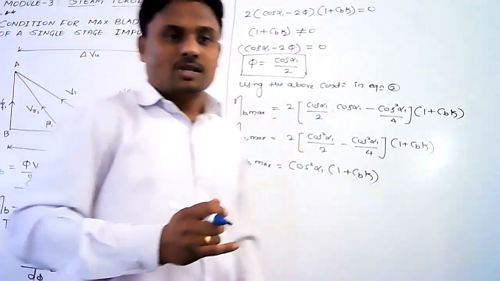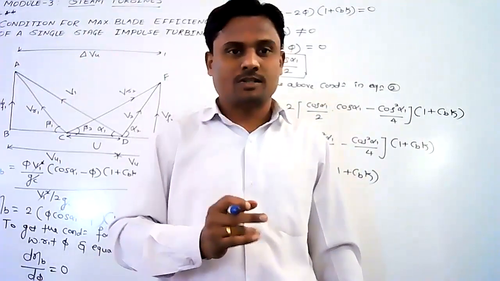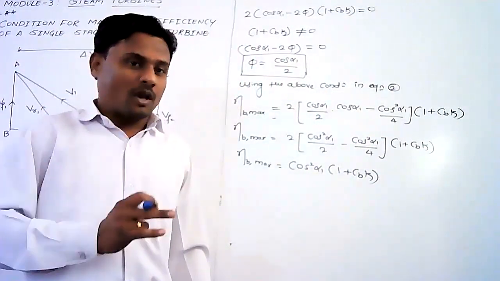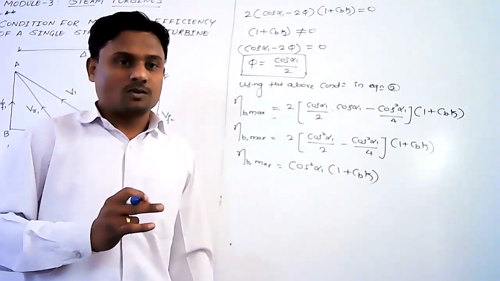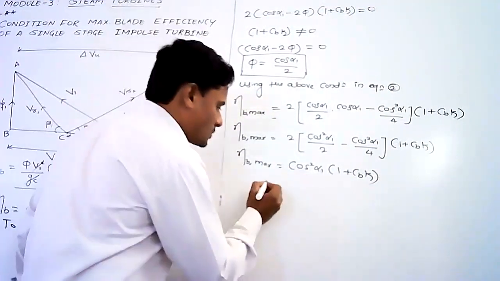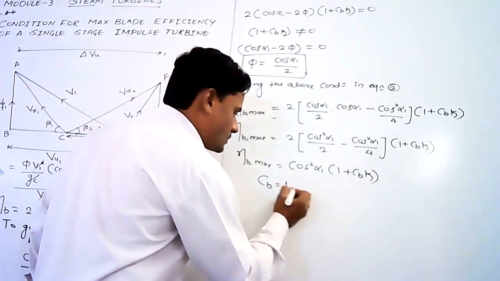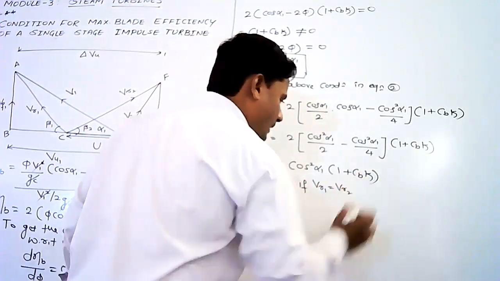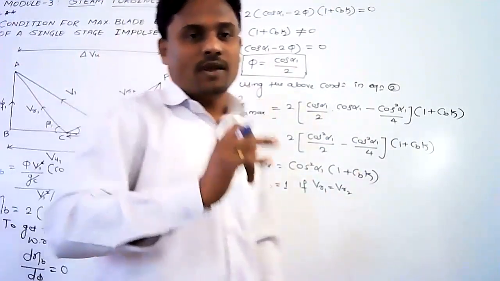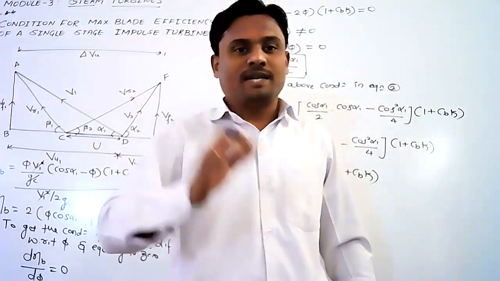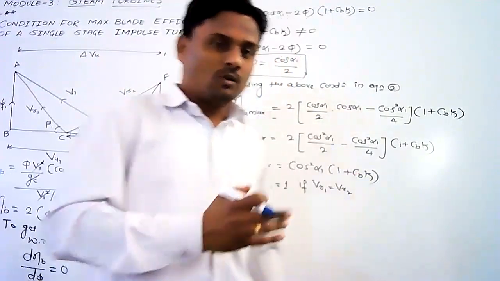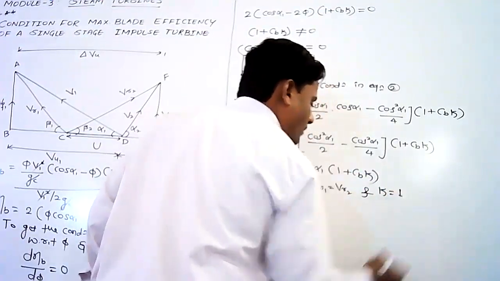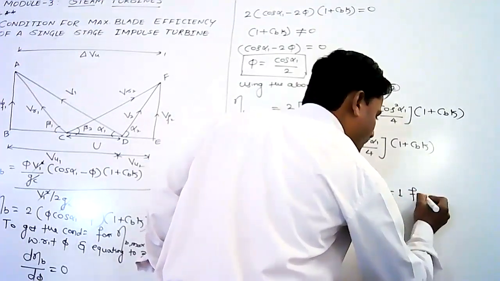Now here, if we consider the most ideal condition, that is no frictional losses, then VR1 will be equal to VR2. If VR1 is equal to VR2, then Cb will be equal to 1. Similarly, if we consider equiangular blades, that is beta 1 equals beta 2, I can write K equals 1 for equiangular blades.